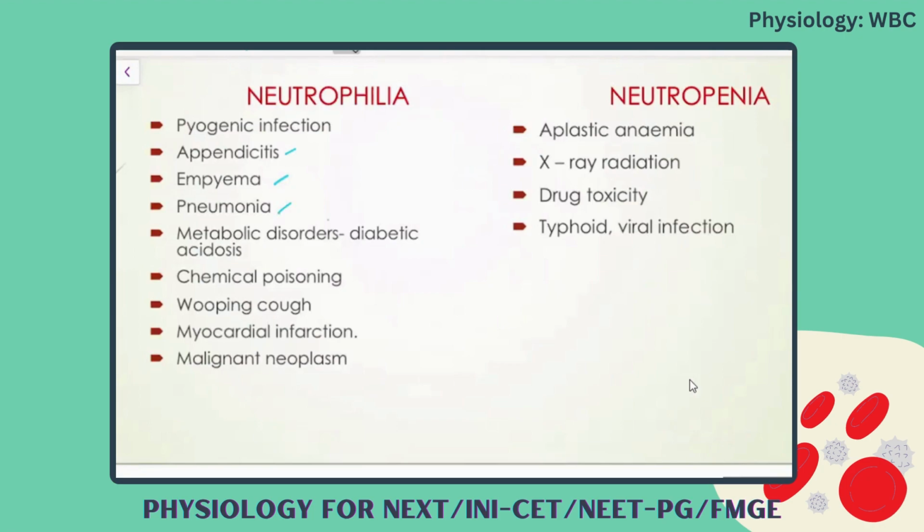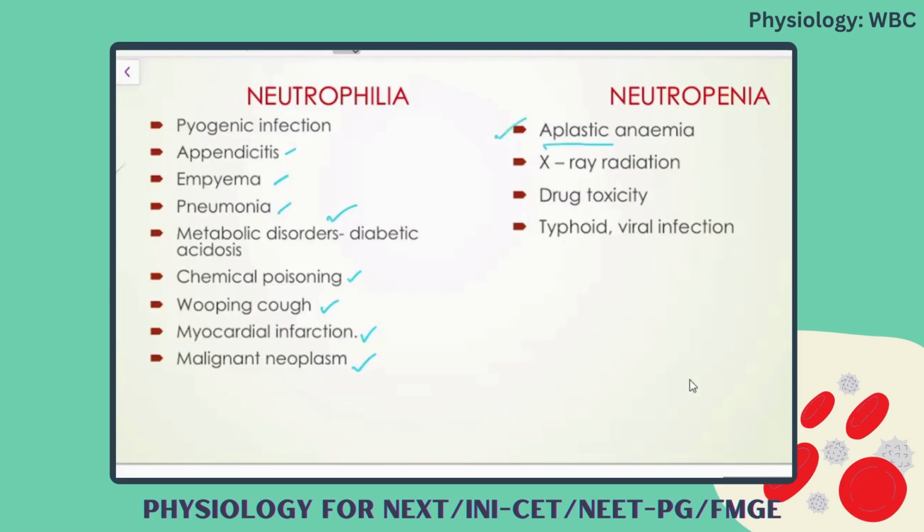And in case of metabolic disorders like diabetic acidosis, chemical poisoning, whooping cough, what is the causative for whooping cough? Pertussis. And in case of myocardial infarction, malignant neoplasm, all these conditions increase the neutrophils. The conditions which decrease them is aplastic anemia.